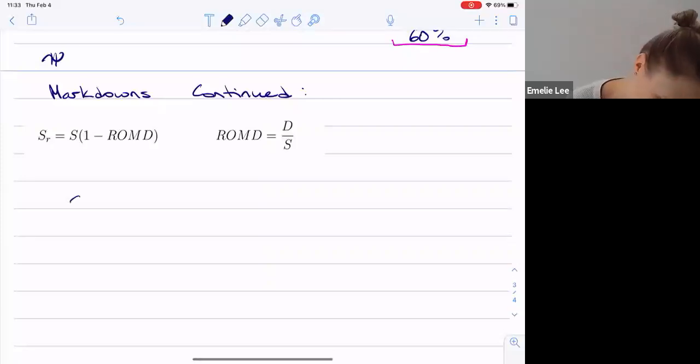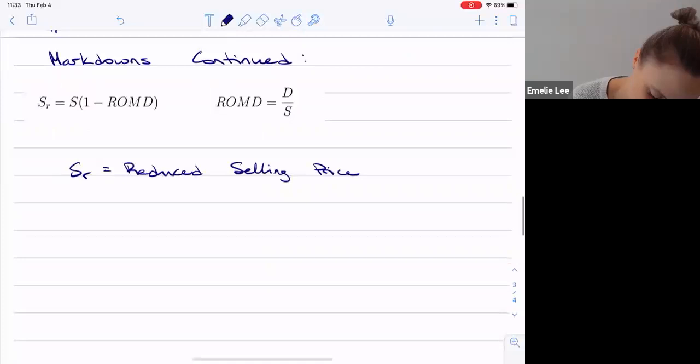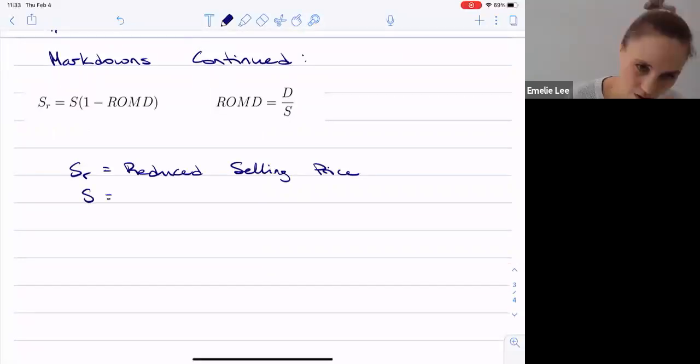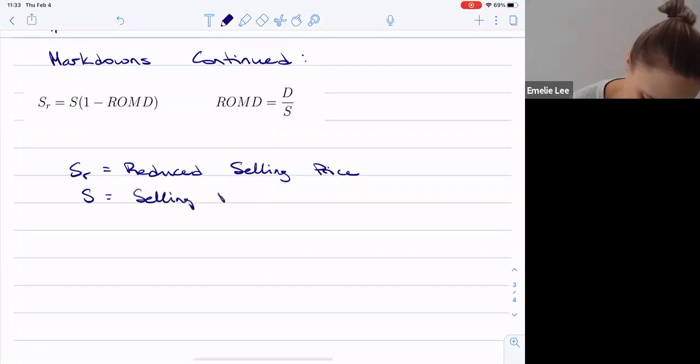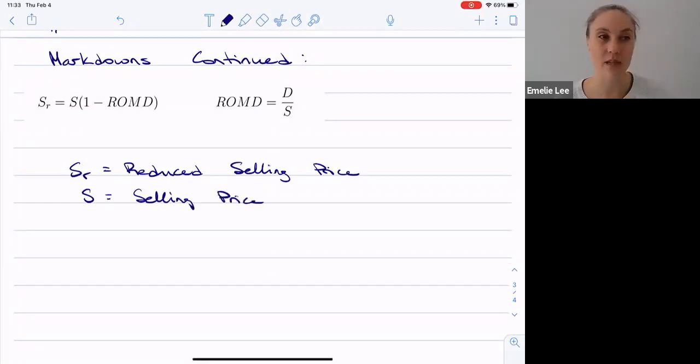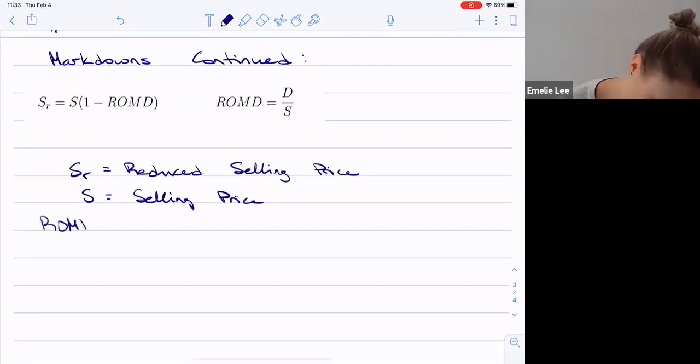S subscript R is the reduced selling price. S, we know from before, we worked with it a lot, it's just the selling price, right? So the original selling price. And then the ROMD is the rate of the markdown.